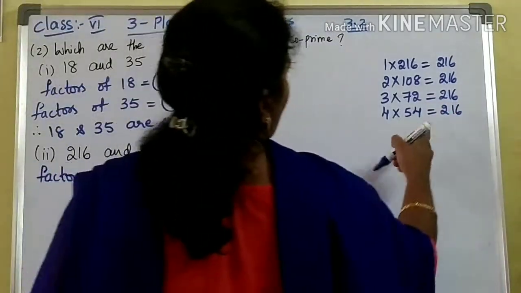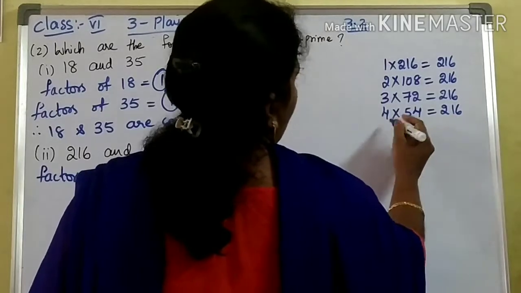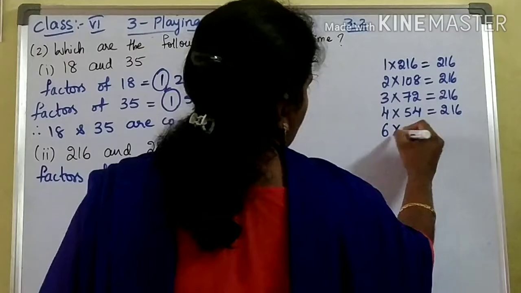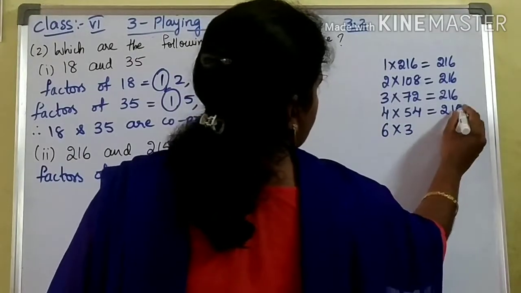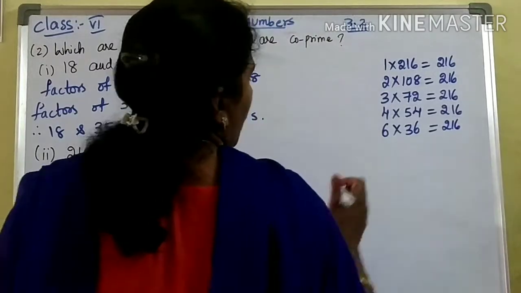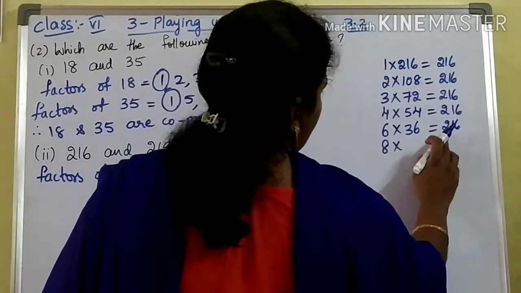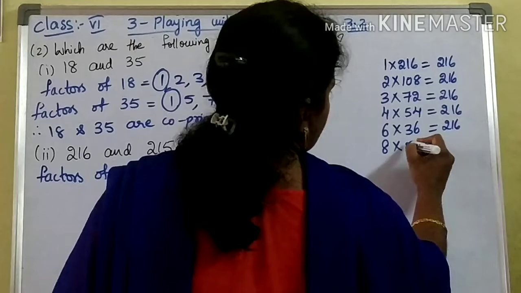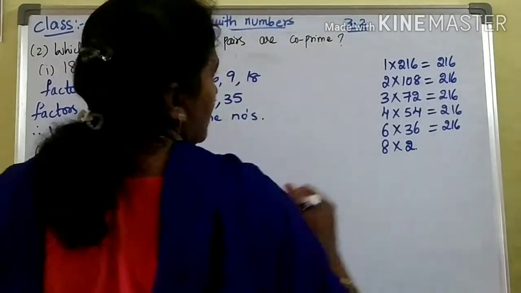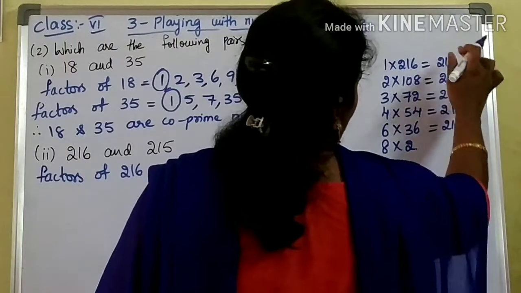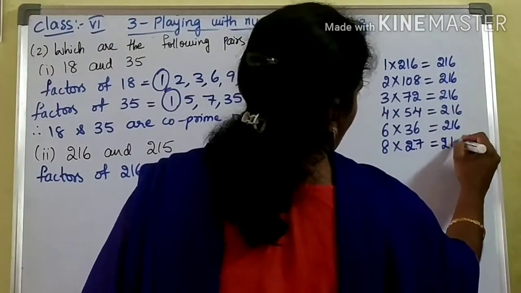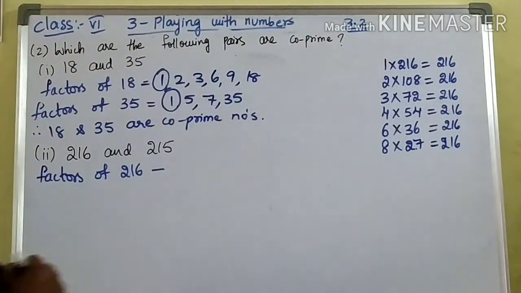Will it go in the 5 table? No. Next we'll check the 6 table. 6 3s are 18, 6 6s are 36, so 6 into 36 is 216. 7 table? No. 8 table? 8 how many times will it go? 8 2s are 16, 5 left over, 8 7s are 56, so 8 into 27 is 216.